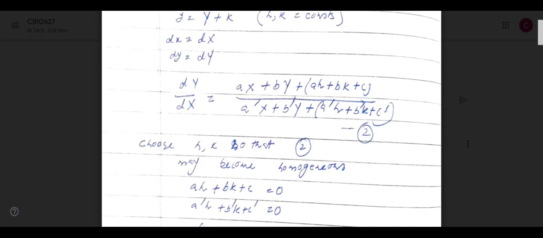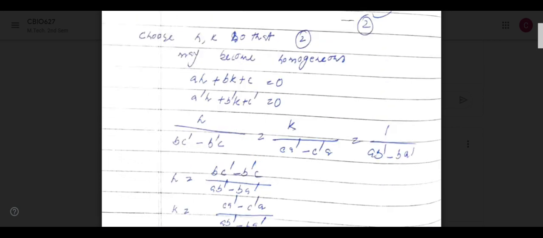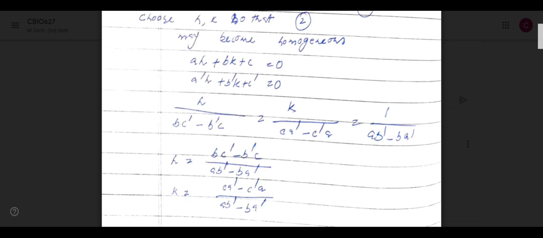Now see, we are writing ah plus bk plus c constant equal to 0 and a dash h plus b dash k plus c dash equal to 0. Now that you learned the matrix, how to solve the matrix. Next step. How many of you understood the next step?